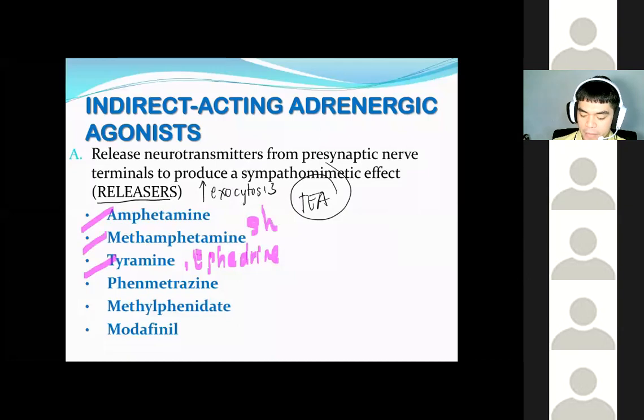Methamphetamine is shabu; that is the chemical name of shabu. And then we have phenmetrazine, methylphenidate, and modafinil. So these are releasers.